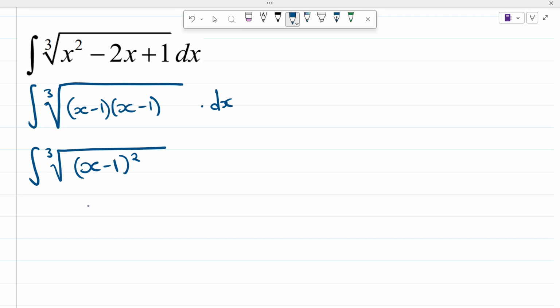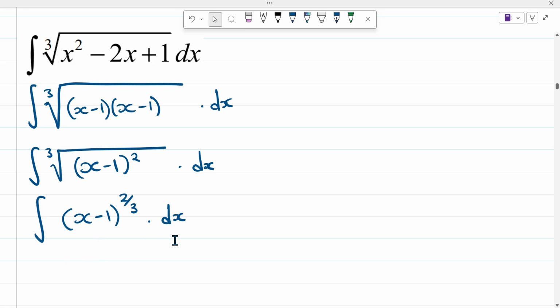Then what can we do from here? We can again rewrite this in this format, changing the cubed root, and this will make it x minus 1 to the power 2/3 dx.